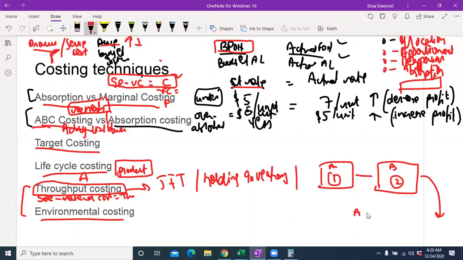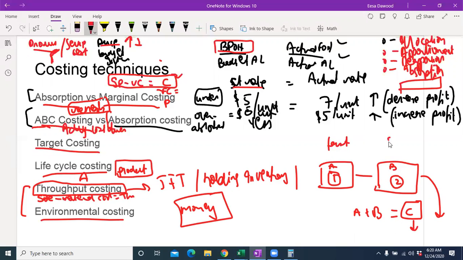And together, when we assemble A and B, our product C will be produced. How will money come, how does throughput come into action? There are different capacities of the machinery. This is a fast machine, this is a slow machine, because manufacturing capacity can be different. There'll be a delay in earning that money because C wouldn't be produced, as a part of it is in a fast machine and a part of it is being produced in a slow machine.